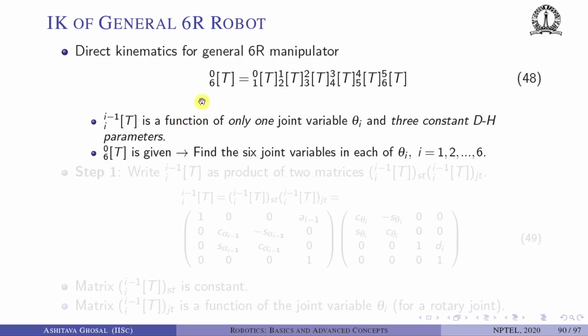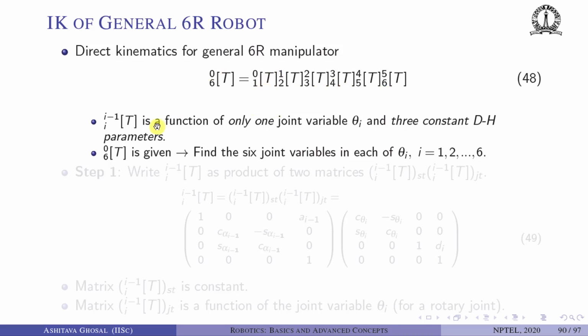The first important step is that the direct kinematics for a general 6R manipulator is given by this equation. It is standard by now that the sixth coordinate system, position and orientation, with respect to the 0th coordinate system is the multiplication of 6 link transformation matrices.